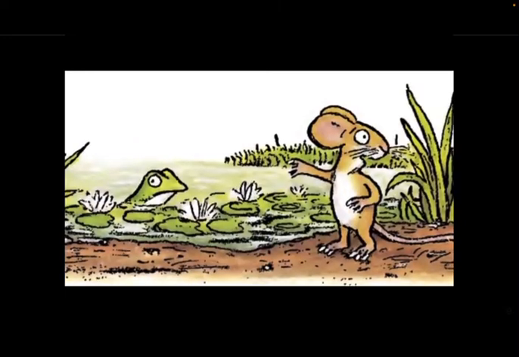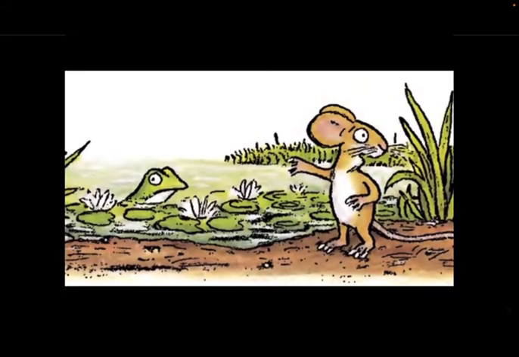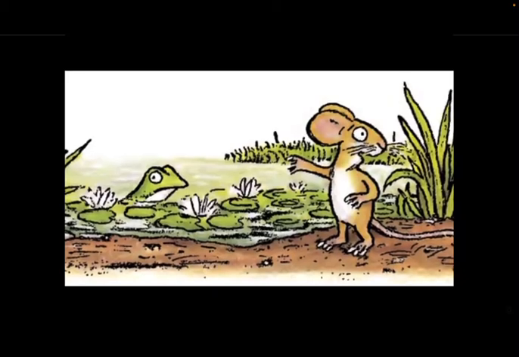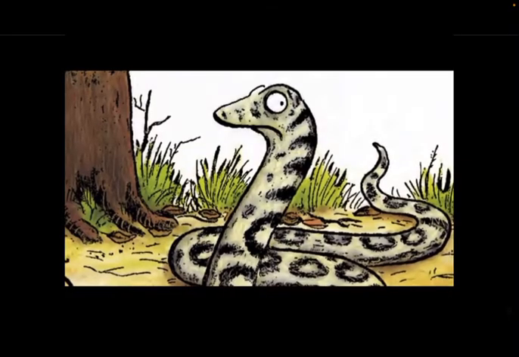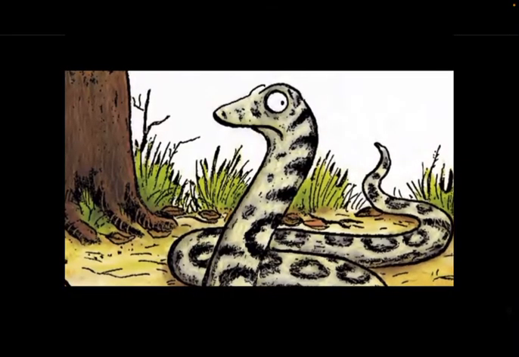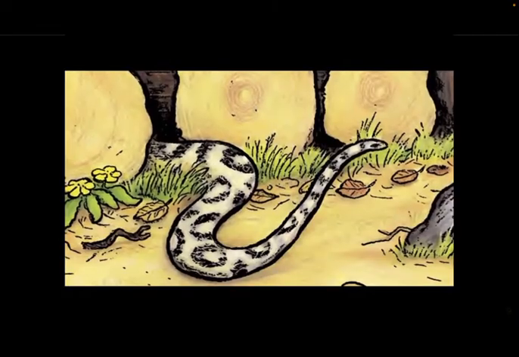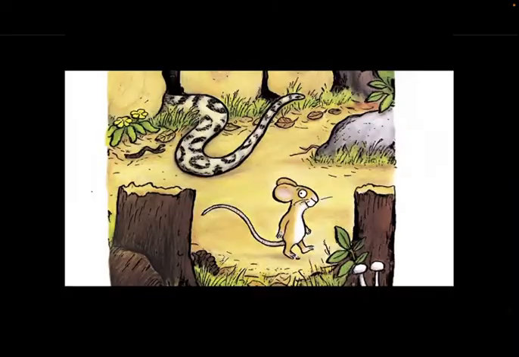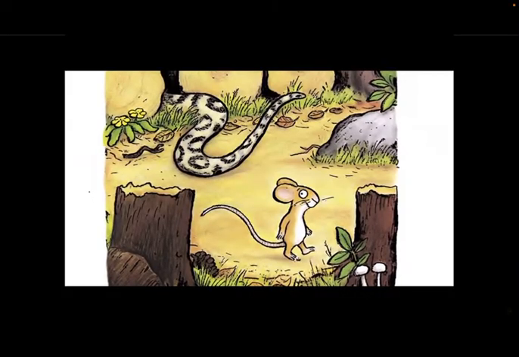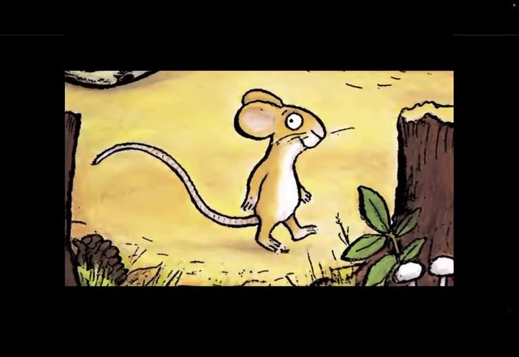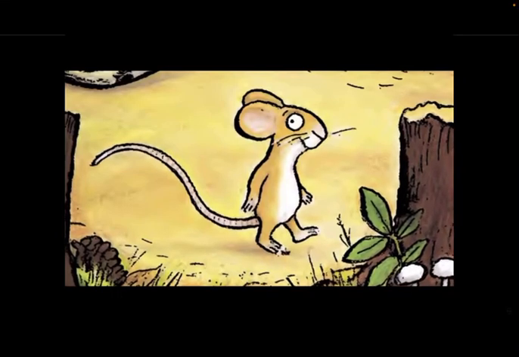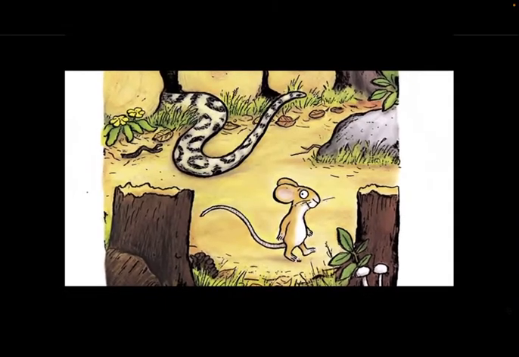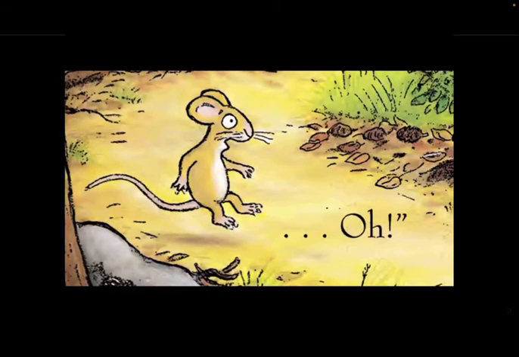And his favourite food is scrambled snake. Scrambled snake! It's time I was away. Goodbye, little mouse. And away Snake slid. Silly old snake, doesn't he know there's no such thing as a Gruffalo?